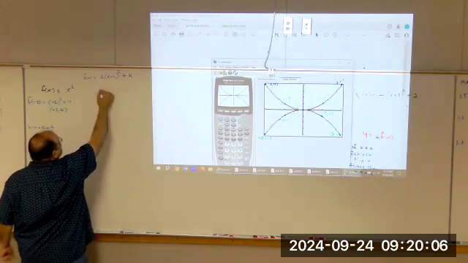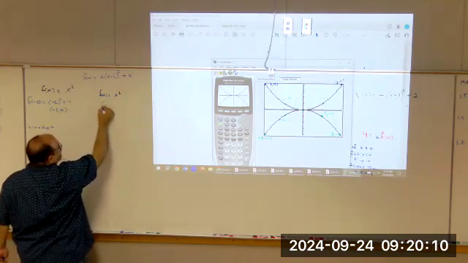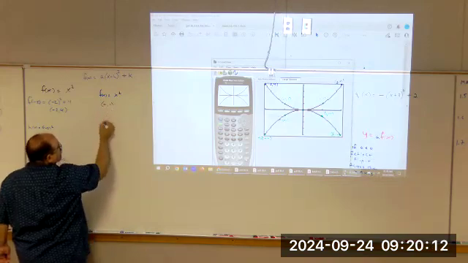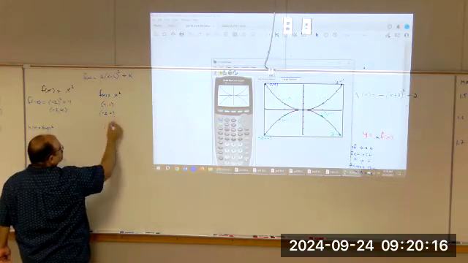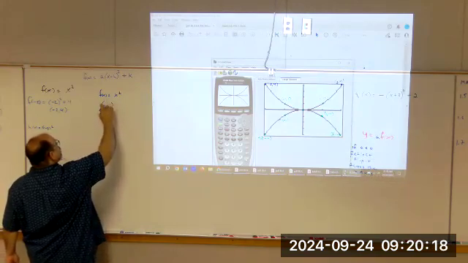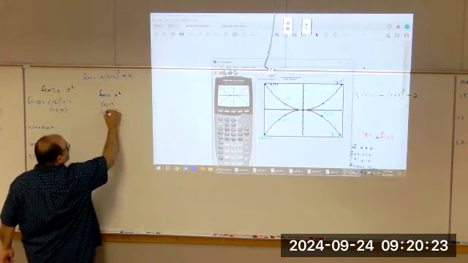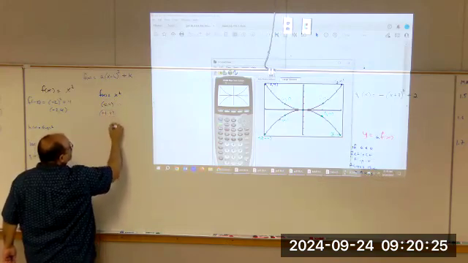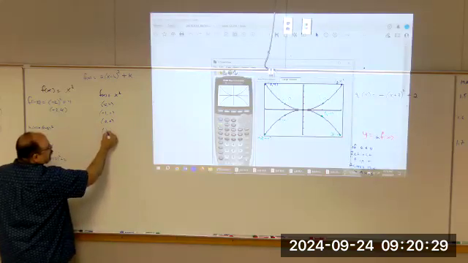The original f of x, parent function x squared: -2, 4. -1, 1. 0, 0. 1, 1.